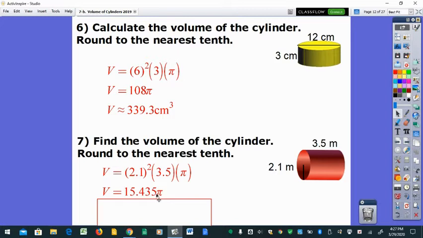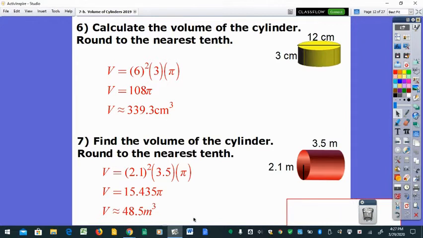I'm going to round my answer at the end, but right now I'm leaving all of those places, and I'm going to multiply by pi. And you should have gotten about 48.5 meters cubed for the volume of the red cylinder. We have our exact answer and we have our approximate answer.